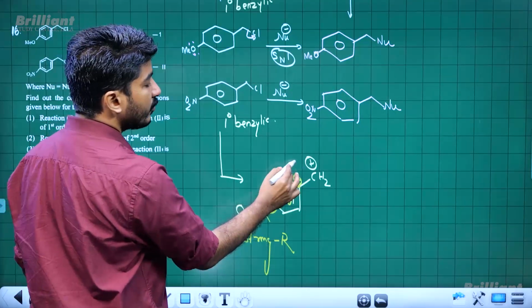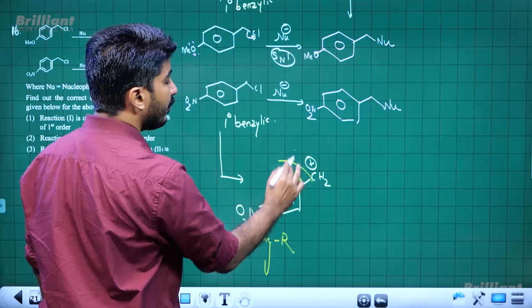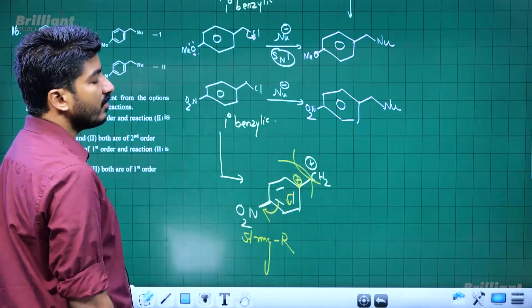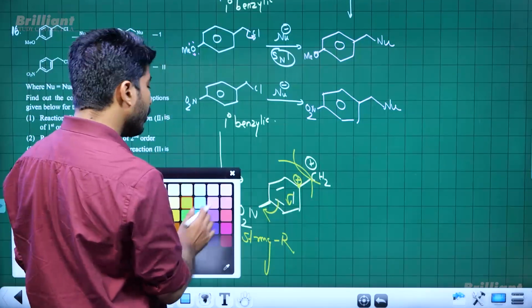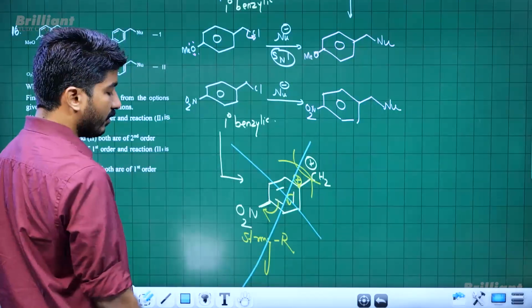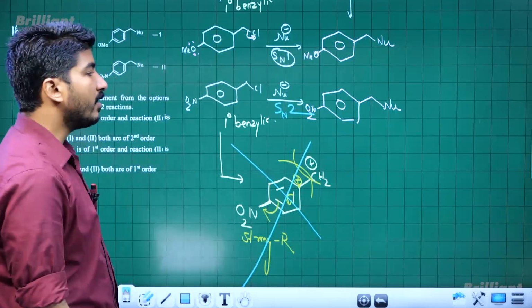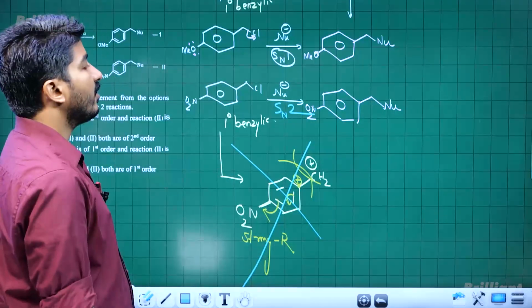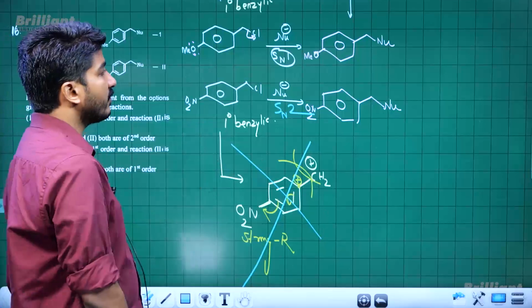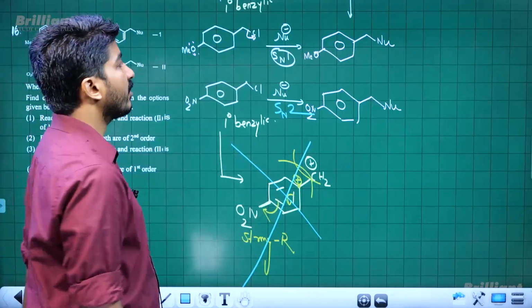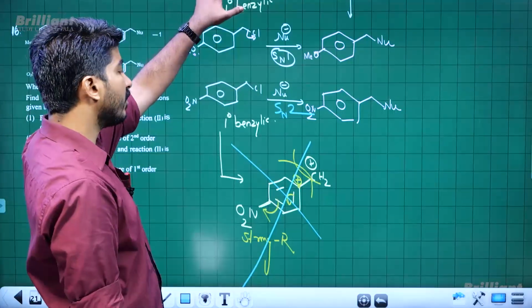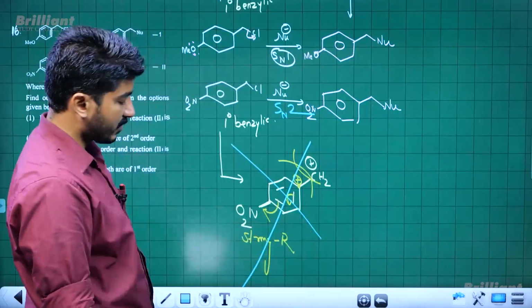This positive and that positive will repel each other highly, and therefore this carbocation does not form. So the second reaction occurs by SN2 mainly. The first occurs by SN1 due to the high stability of that carbocation, and the second by SN2 due to the very low stability of this carbocation.